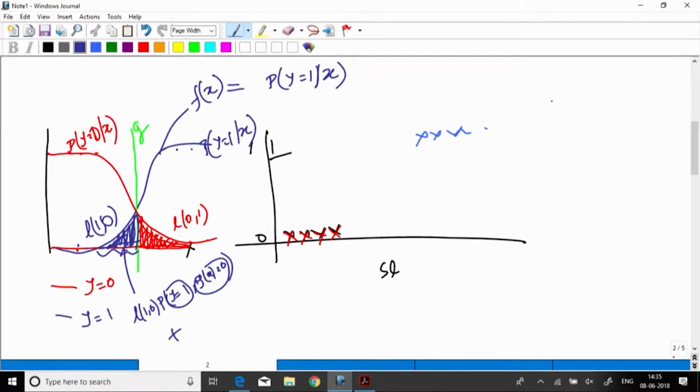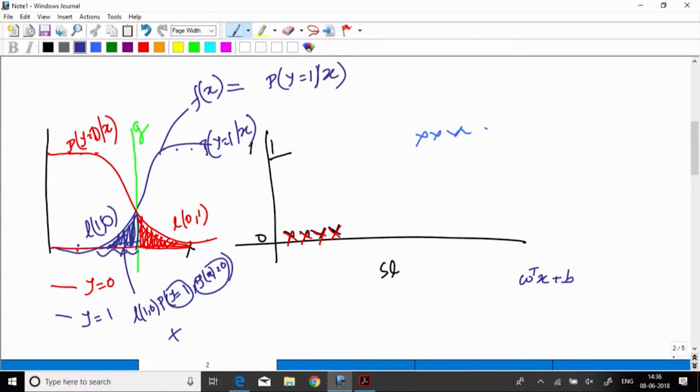So if we have some function like W transpose X plus b, do you know what this W transpose X means?